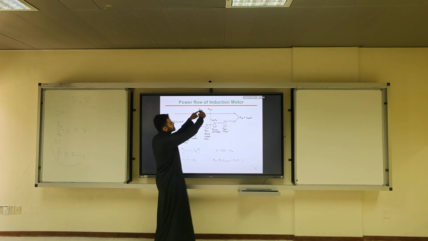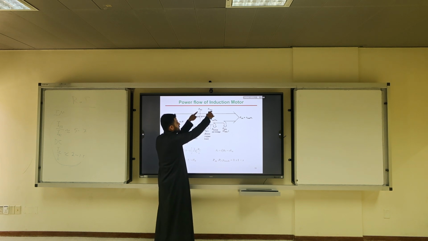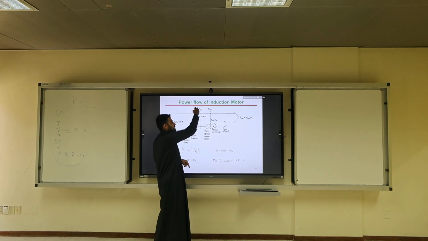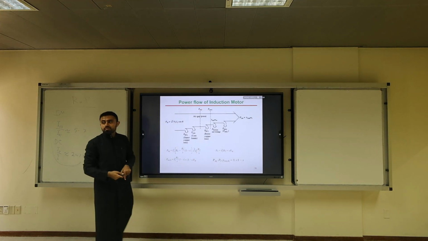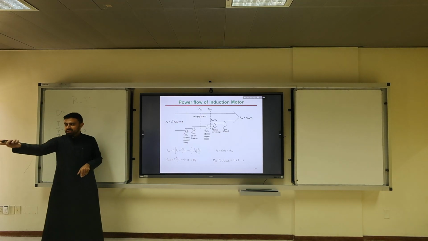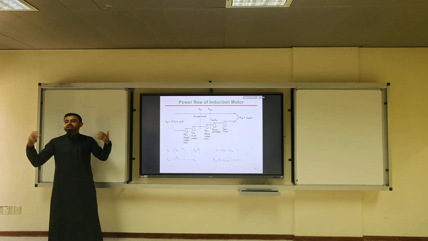So think of this as a subsystem. I don't care about the stator, I don't care about mechanical, I just care about internal here. What gets converted from electromagnetic through the air gap to mechanical, which is 1 minus S. It's easy. That's why we like internal efficiency. This is an easy way to estimate the efficiency of the machine.